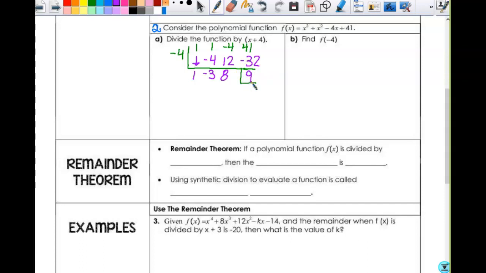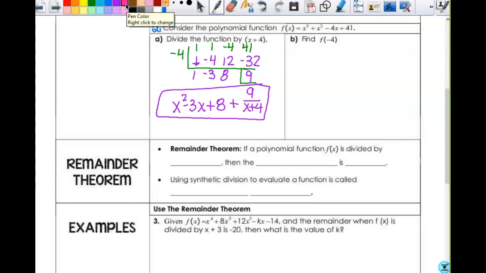Okay, so that means my answer, because all it says was to divide, gives me x squared minus 3x plus 8 plus 9 over x plus 4. Okay. So we're going to let that sit there.